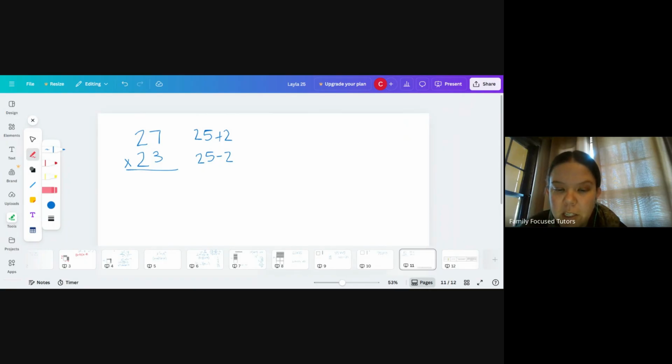we can look at this as the difference of squares. So this is looping back around. So this is a square. And when I multiply these together, if I write it out like 25 plus 2, 25 minus 2, this looks like our difference of squares equation.